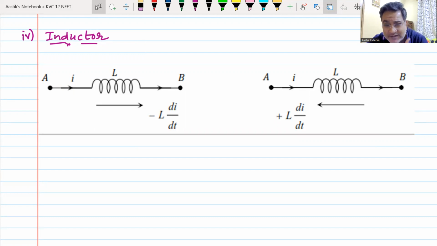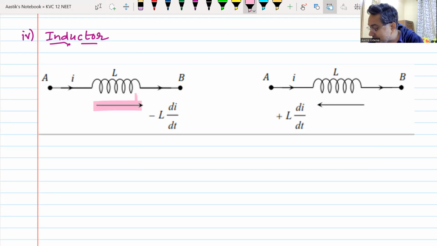For capacitor, it is Q by C. For resistor, the potential drop is I into R. For inductor, it is L di by dt. L is the inductance of the inductor. We have not read this term, but don't worry. L, the inductance, will be given. Di by dt, the rate of change of current, will also be given. We are not going to solve questions on this. We'll only solve questions on this in the chapter when it comes. Right now, just see the sign convention because we are in the mood, so we should finish it.